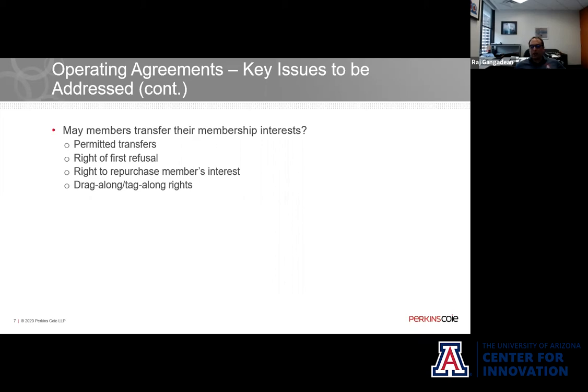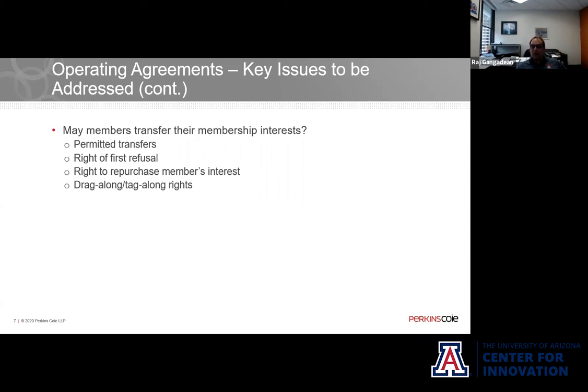A drag along right in that case would be a right for Anita to say, listen, I've got a buyer out there who wants to buy my interest, but the buyer doesn't want to come in and just be an 80% member. The buyer wants everything. Since I'm the 80% member, I get to drag you along. You still get paid for your interest. You get 20% of the sale price, but you can't hold out and prevent me from selling my interest and the rest of the interest in the company.